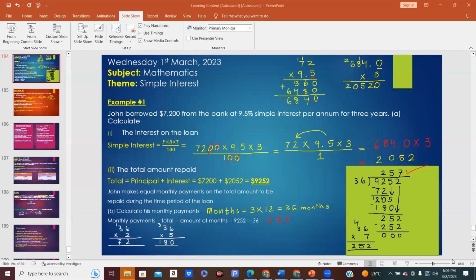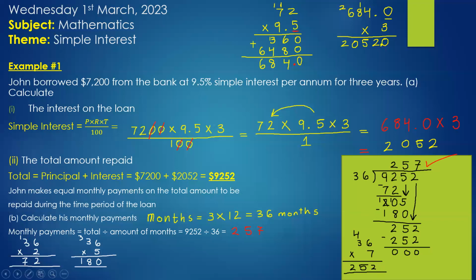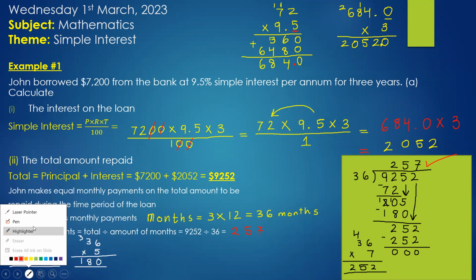I'm going to ask Alexandria, can you explain the first one for me, please? Hi, good afternoon, everyone. Example number 1. John borrowed $7,200 from the bank at 9.5% simple interest per annum for 3 years. Calculate the interest on the loan.